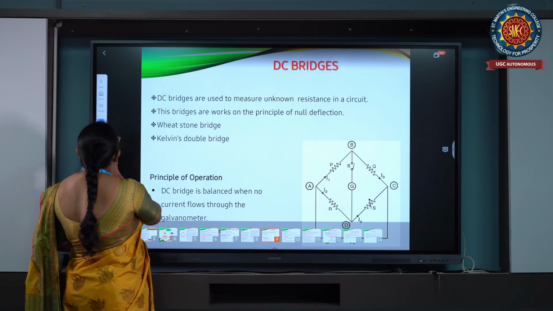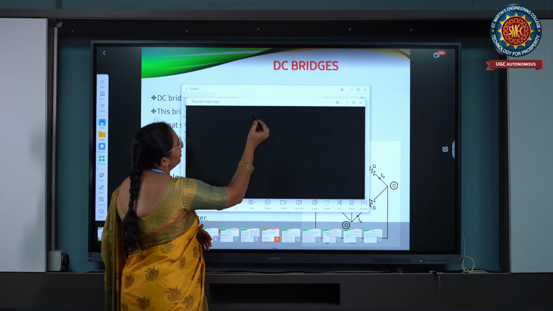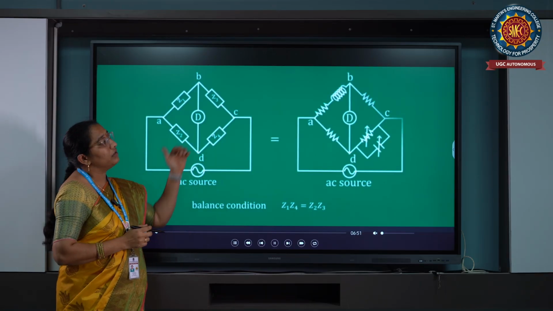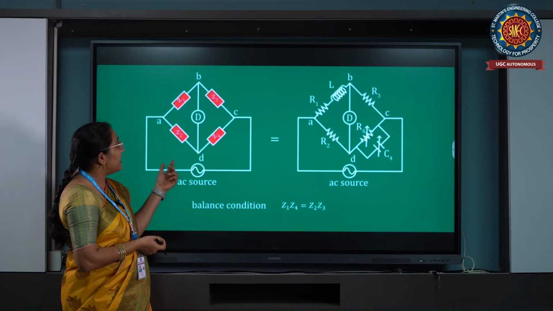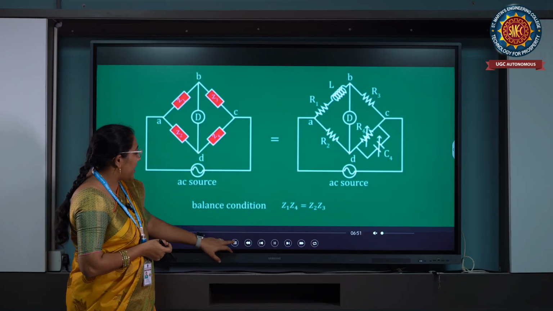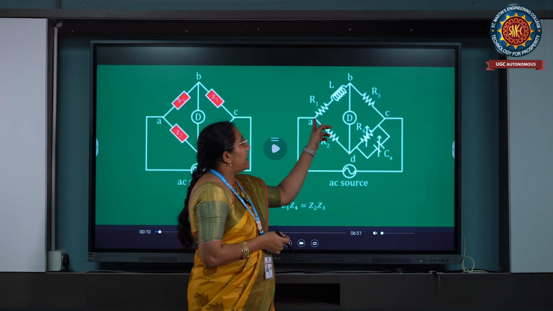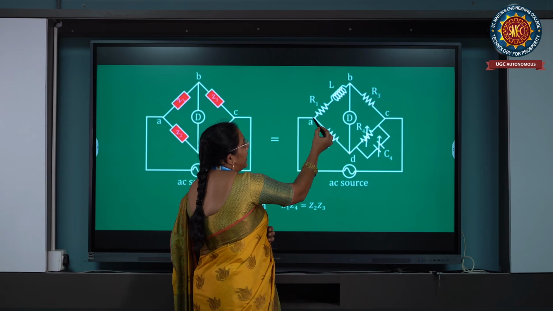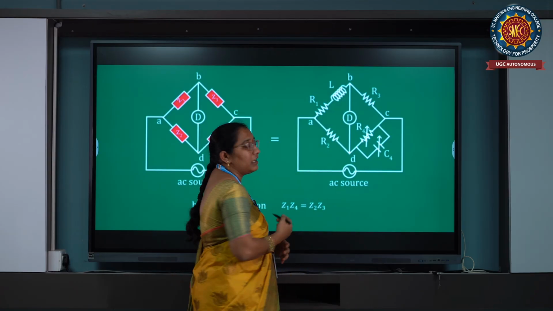These were all about DC bridges. Now I am going to explain Maxwell's inductance capacitance bridge. It is connected the same as the Maxwell inductance bridge, but here the branches Z1 and Z2 are changed.